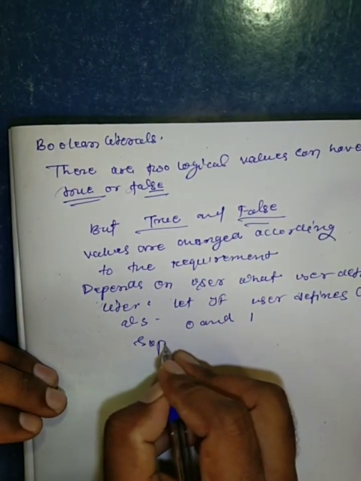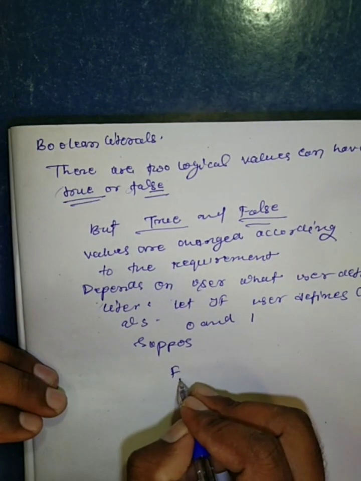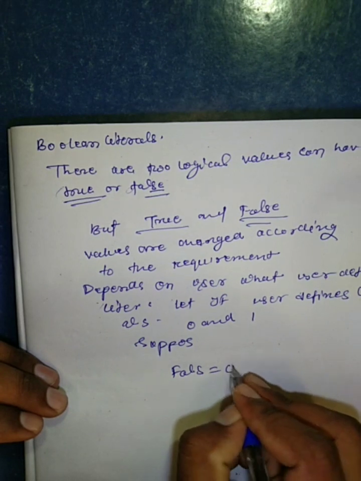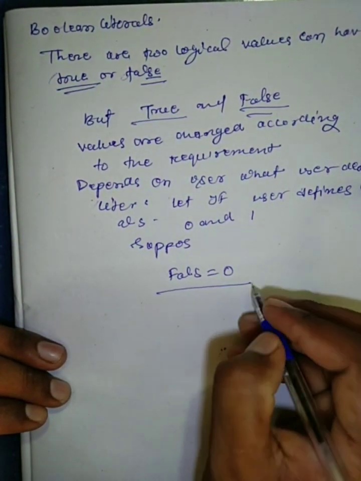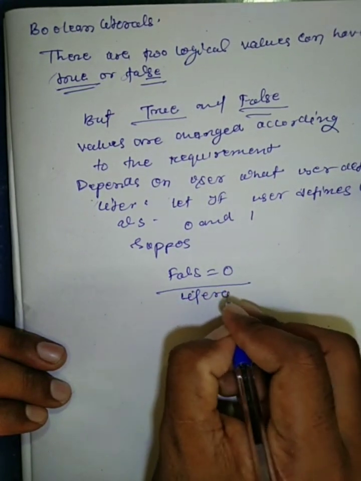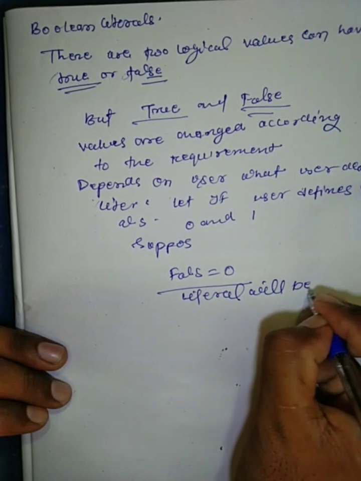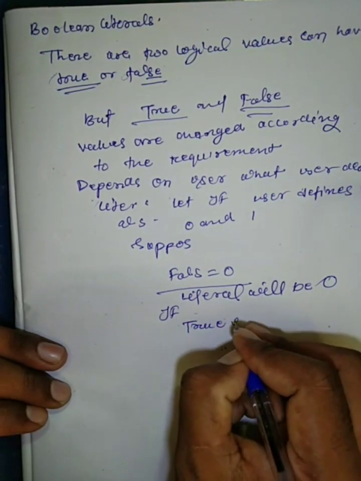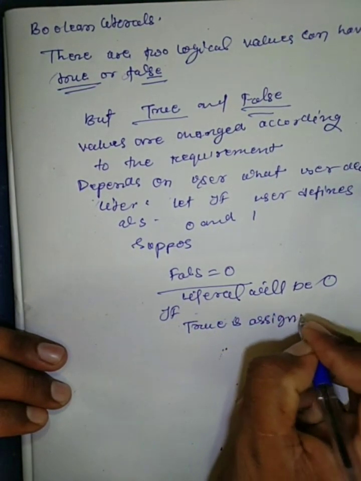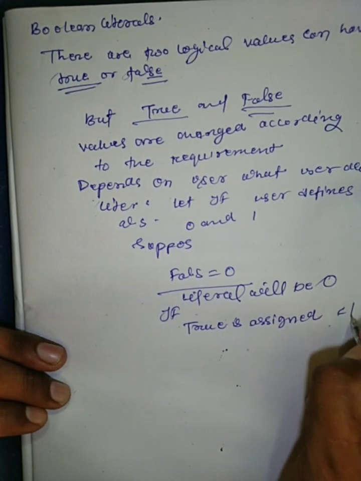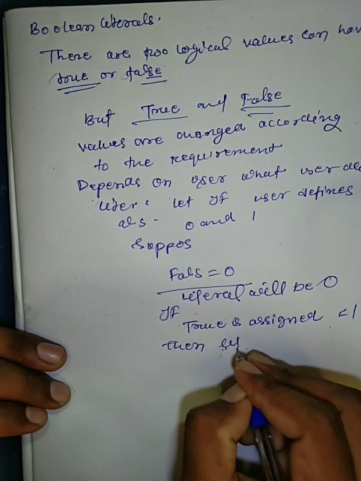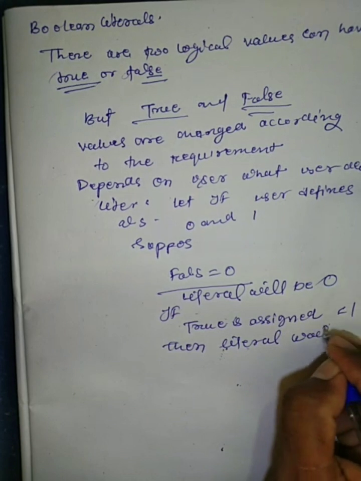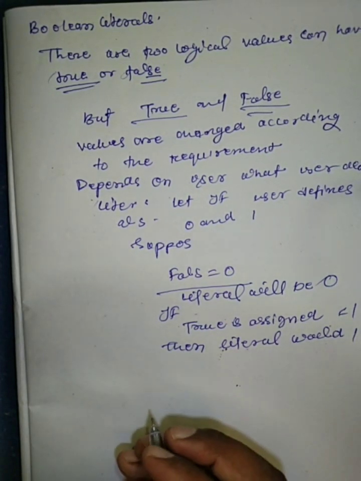Suppose if false is 0, then the literal will be 0. If true is assigned to 1, then the literal would be 1 in the Boolean literal data types.